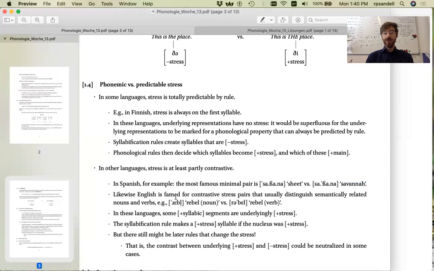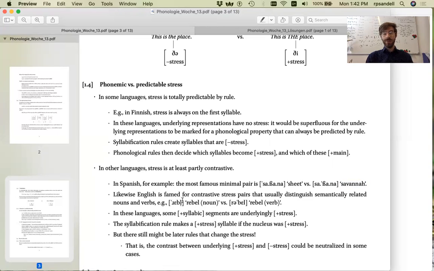And English is famed for contrastive stress pairs that usually distinguish semantically related nouns and verbs. So in these cases, we find nouns like rebel versus verbs like rebel. And the typical pattern is that nouns will usually have stress on the first syllable of the word, whereas the verbs will have stress on the second syllable.